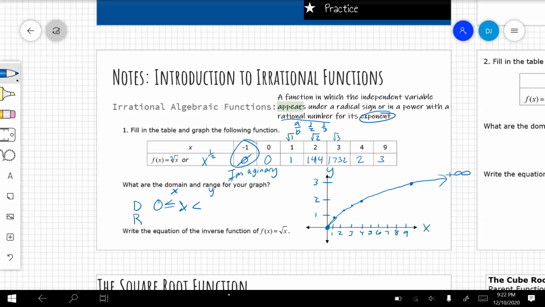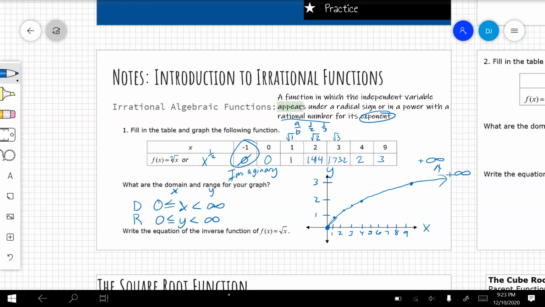Now for our range, which will be our y values, we're going to look at 0 less than or equal to y, which is less than positive infinity, because it starts off at 0 and continues to go up all the way to positive infinity.